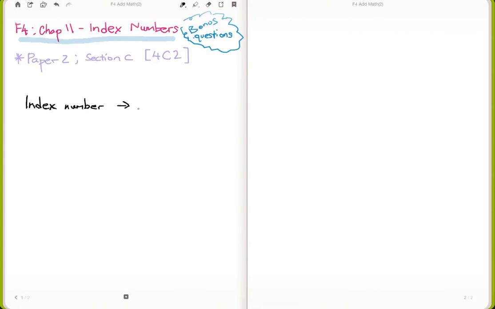In your question, if it were to be in BM, it's called number index. It's a translation. I mean, the wording is somehow there. It's just that the sequence and the spelling is different. Number index is index number.